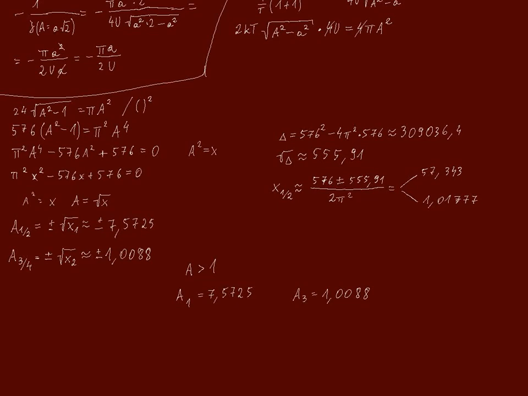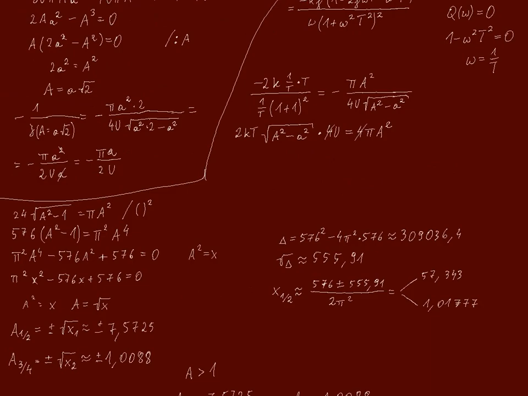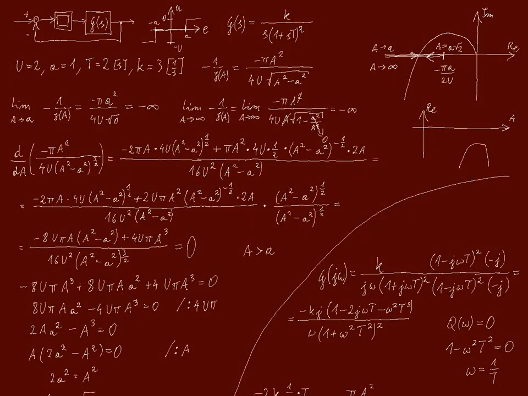Let's go back to the drawn characteristics for a moment. We must provide the range of amplitude values for which the closed-loop system is stable. This means those fragments that are to the left of the Nyquist plot.